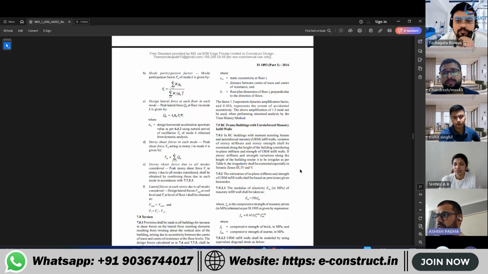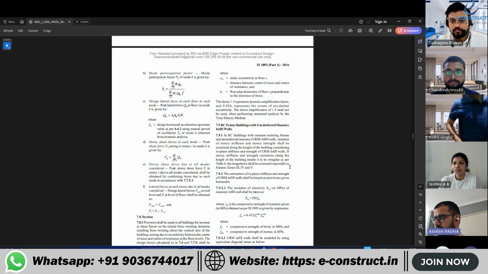Where ESi is equal to static eccentricity at floor i, the distance between center of mass and center of resistance, and bi is equal to floor plan dimension of floor i perpendicular to the direction of force.